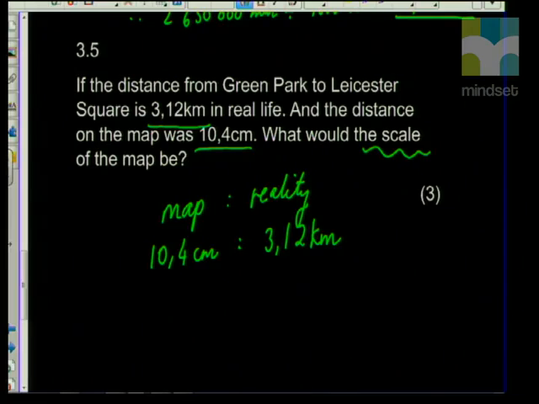I think that I could convert this to meters because I know that there are 100 centimeters in a meter. So this would be 0.104 meters. And if I converted this to meters, I would have to times it by 1,000. So I would get 3120 meters.